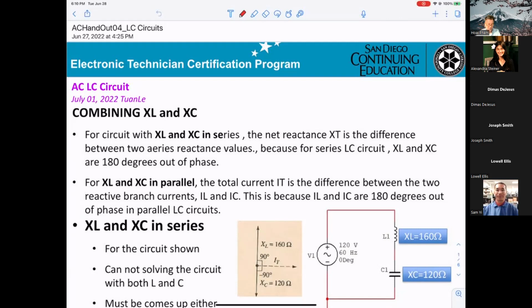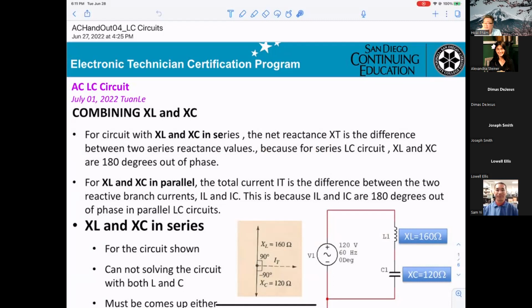Now, we're talking about XL, XC. For the circuit with XL and XC in series, the net reactance XT is the difference between your reactance values, because for the series LC, XL and XC are 180 degrees out of phase.